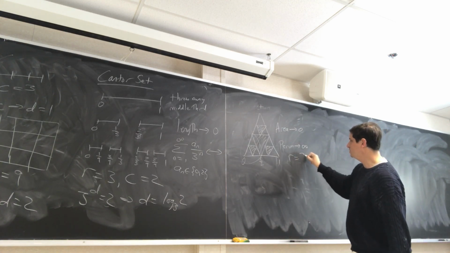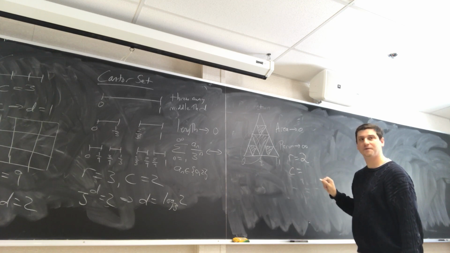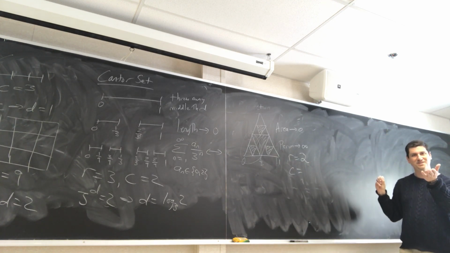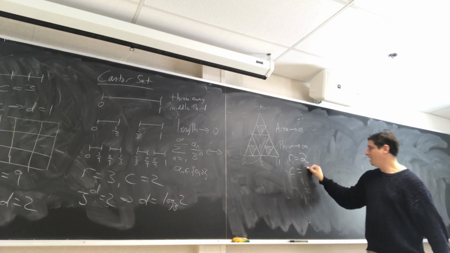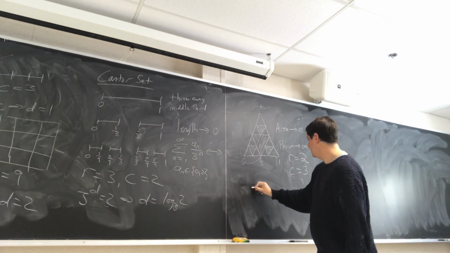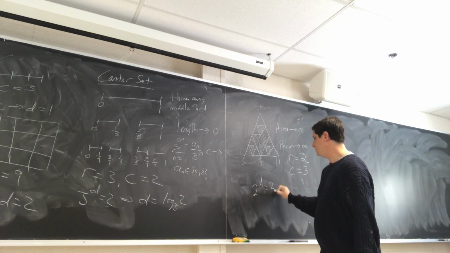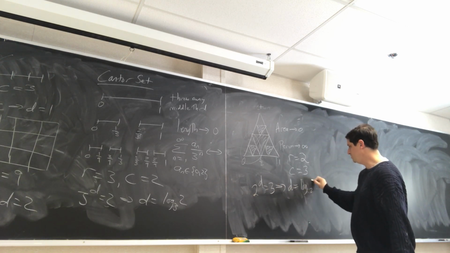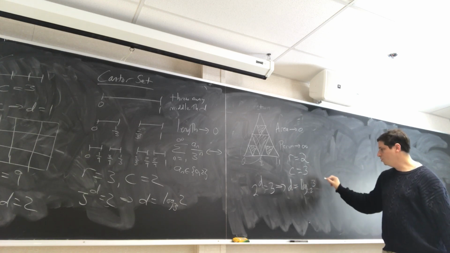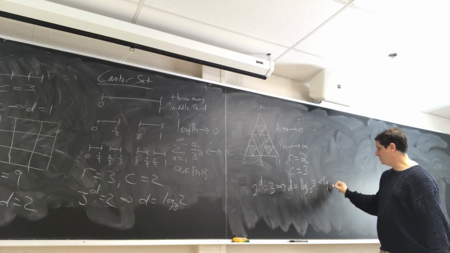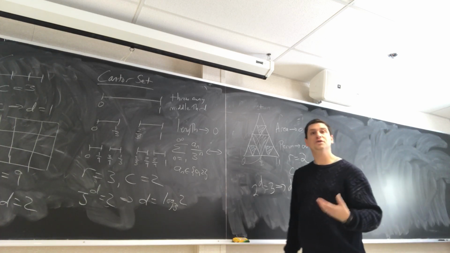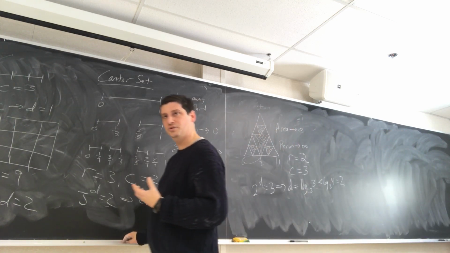So if r equals 2, how many copies do we get? We get 3. And so now when we solve 2 to the d equals 3, that implies d is the log base 2 of 3, which is less than the log base 2 of 4, which is 2. So the dimension is really above 1 and less than 2.